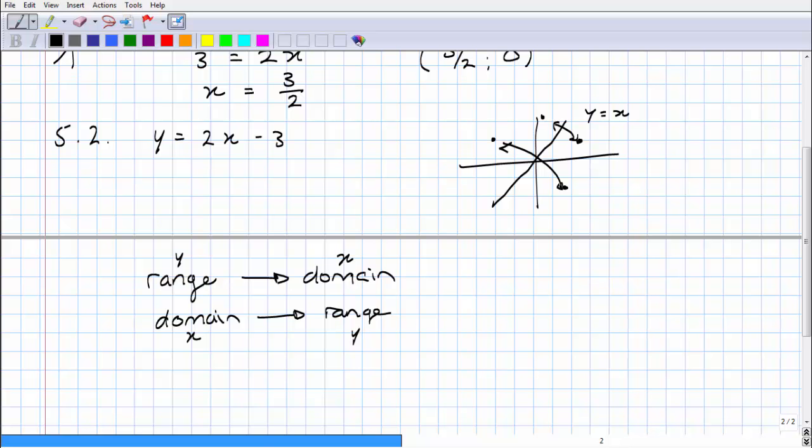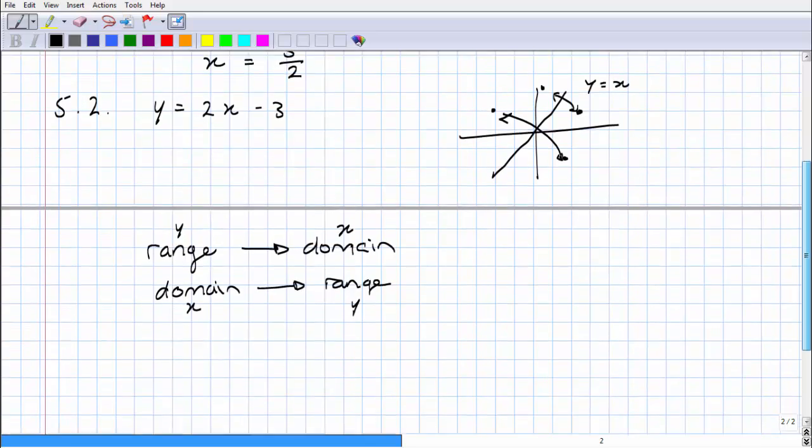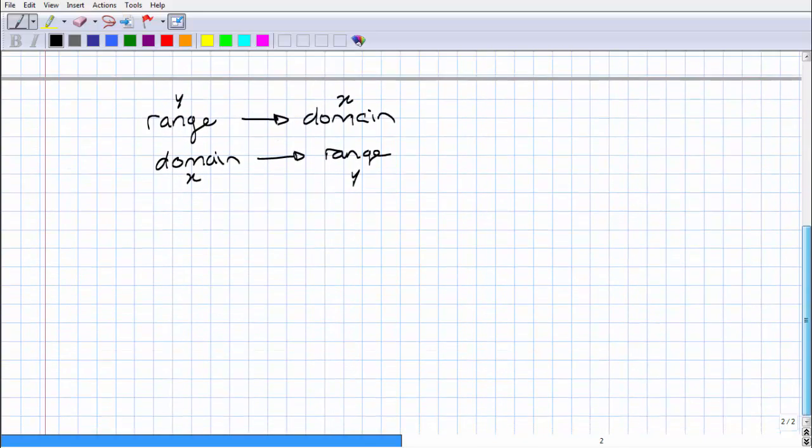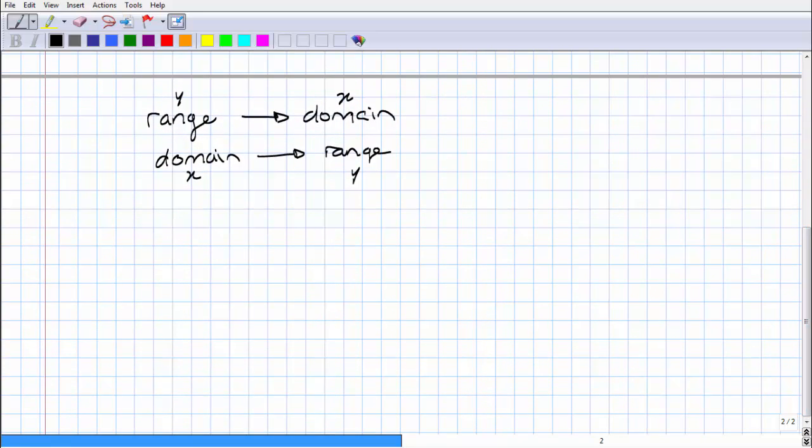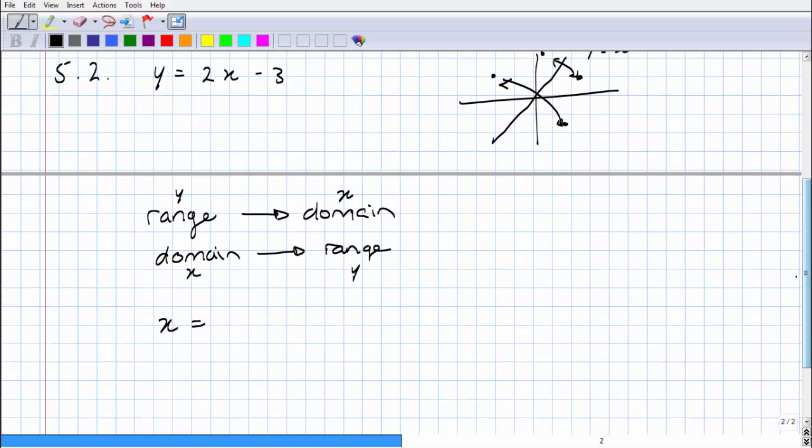So there's a couple of ways you can do this. If you want to actually find the equation of the inverse, then you can simply go, well, let's swap our x and our y. So we say x is equal to 2y minus 3, and you solve for y, so it becomes x plus 3 equals 2y, and then y is equal to (x plus 3) over 2.